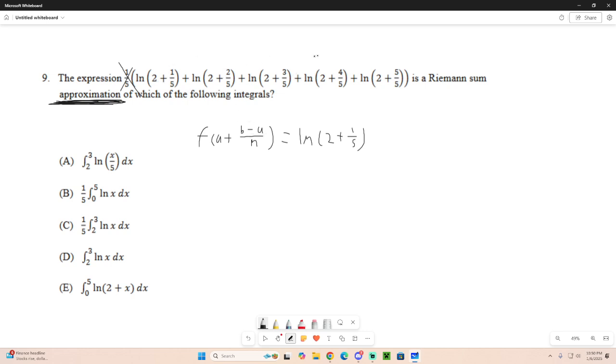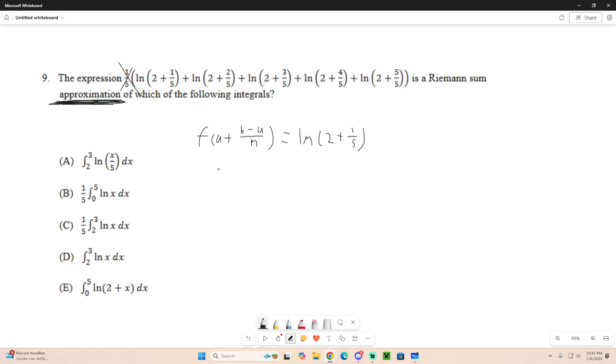Every time we go 1 up, we're increasing by 1. And we know that the end boundary is 5, because we only go up to 5/5. So what does that tell us? B is 5? Not necessarily though.